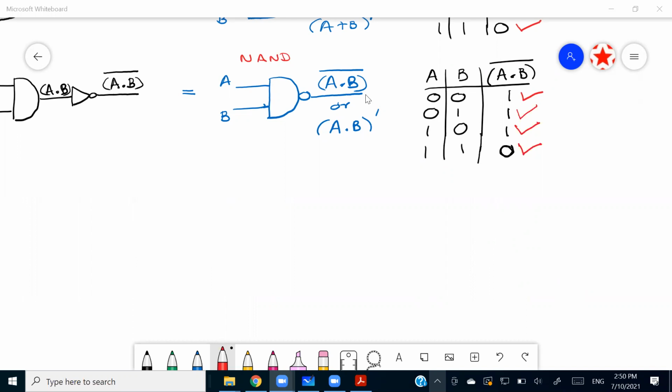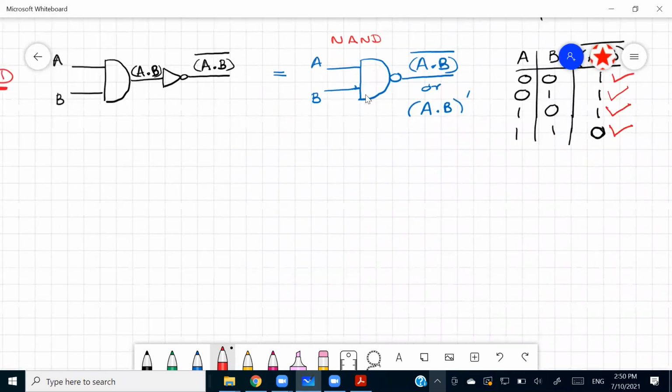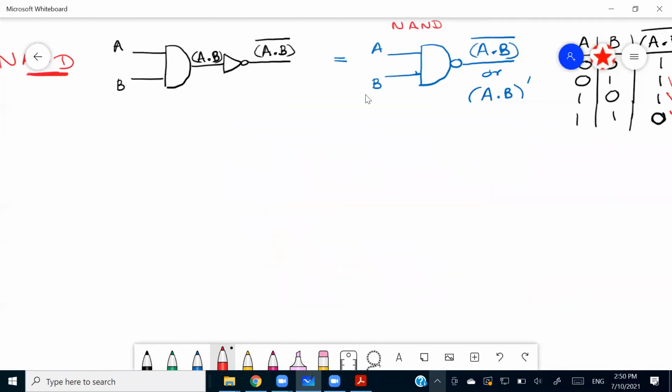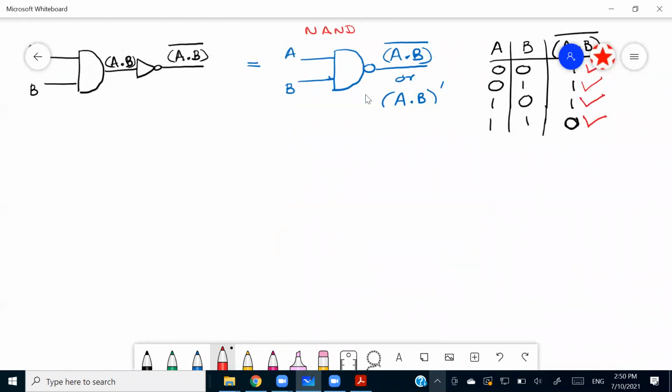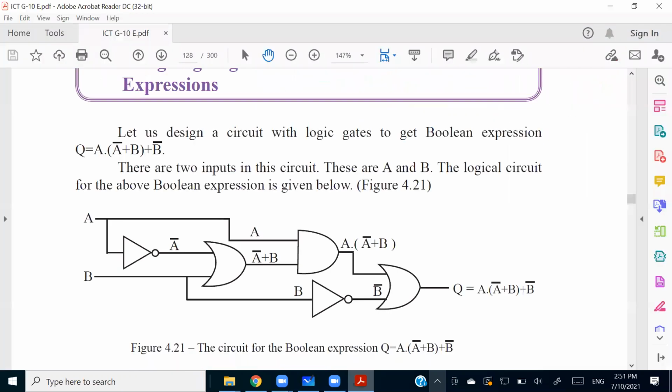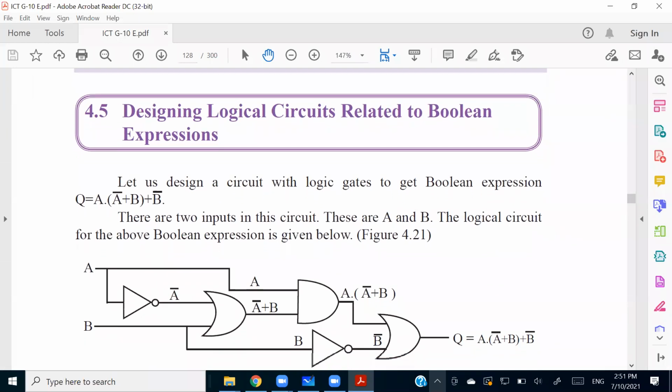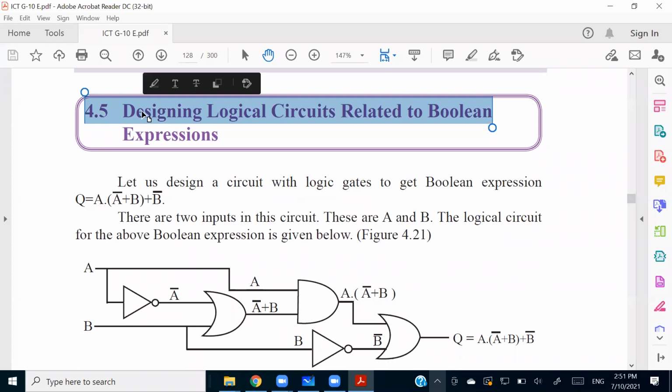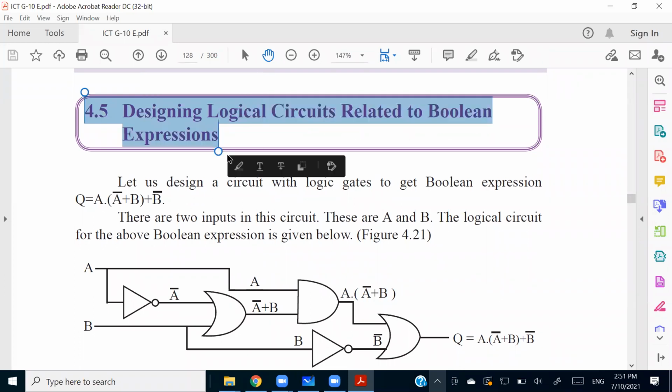Right. So today we are going to learn how to draw a particular circuit when you are given a particular expression. Right. So let's have the subheading, as your book says, designing logical circuits related to Boolean expressions, right? So have the heading, people. So then we go for the circuit drawing part.